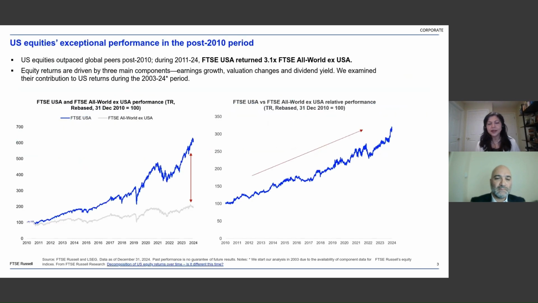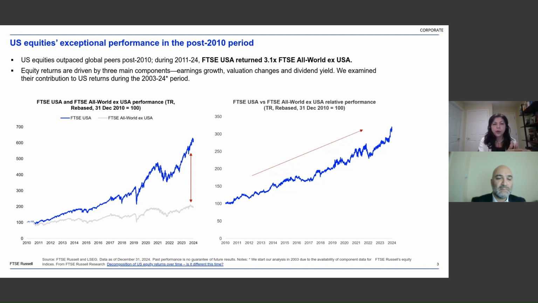Now, before we jump into the story of country rotation, let's give a little background to it. What this chart is talking about is the exceptional outperformance of United States equities over the rest of the world. We are using the FTSE indices.